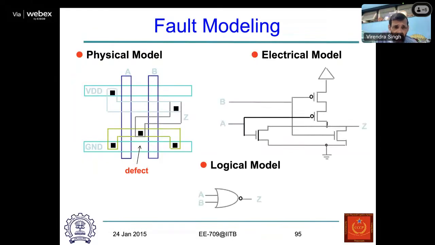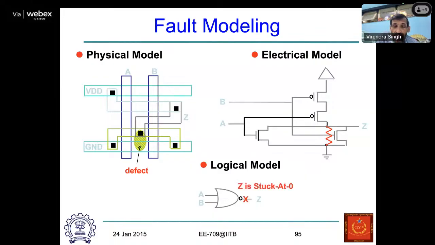A defect can appear here, and this via is shorted over here. This may be a resistive via, because this metal has to go through the via, and that can be a resistive via, and because of this resistive via, this transistor may not work as it is intended to work.